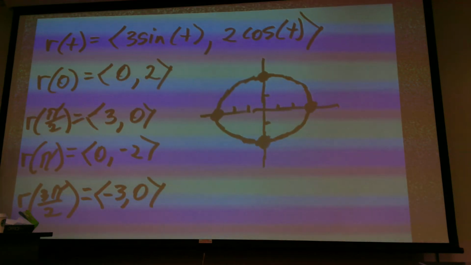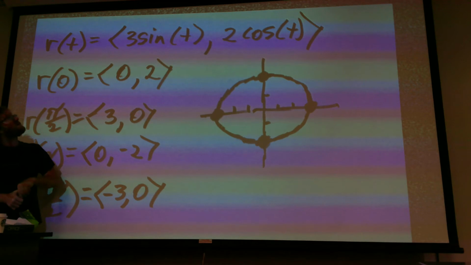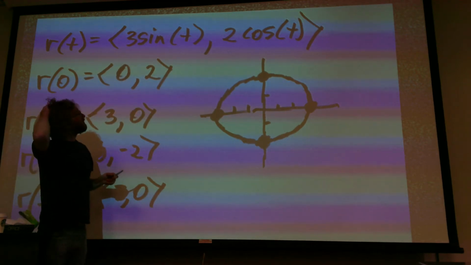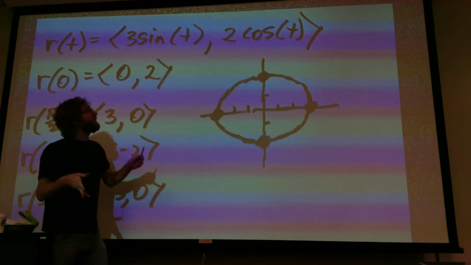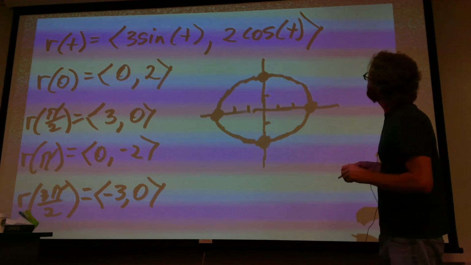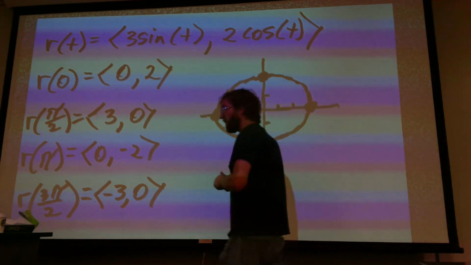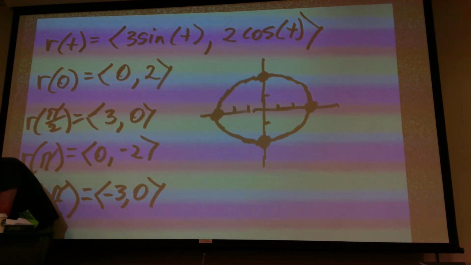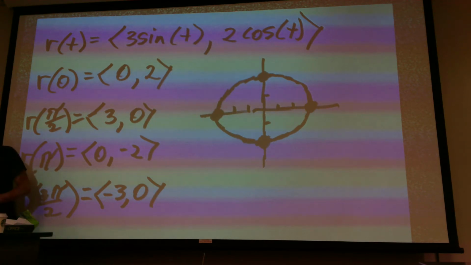And we're looking at an ellipse because sine is being multiplied by 3, so we're going to have a 3 in the x direction, and cosine is being multiplied by 2, so we're going to have a 2 in the y direction. It doesn't actually do this in your book, but if you want to think about it as a trajectory, you start traveling around this way, and this way, and this way, like that.